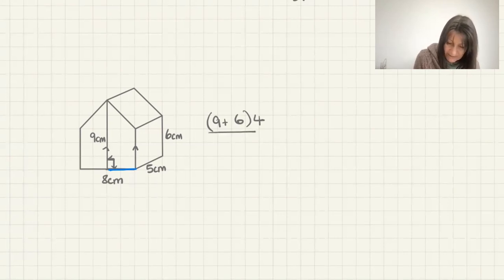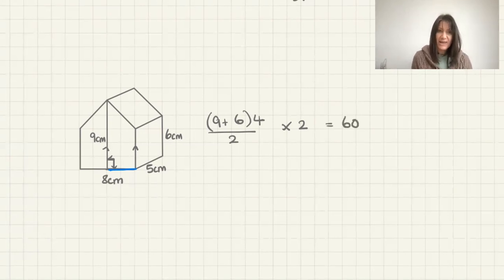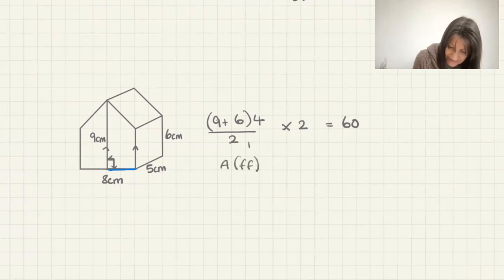Obviously, divided by 2 is the formula for the trapezium. I am then going to multiply by 2 because I have 2 identical trapeziums. And when I put that in my calculator, I get 60 coming out. So my area of the front face is this working out here, and it is 60. I'm timesing that by the third length.